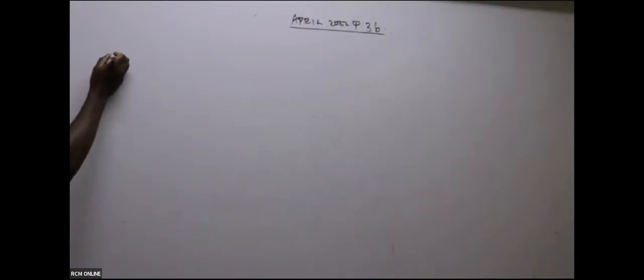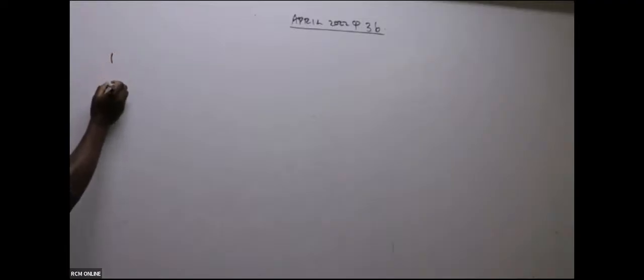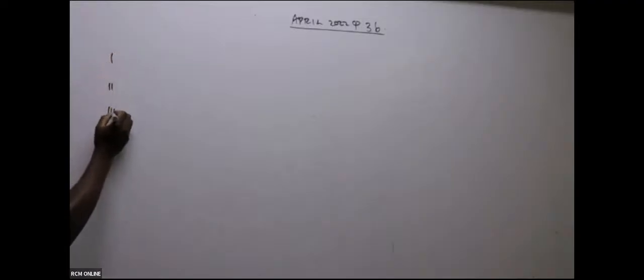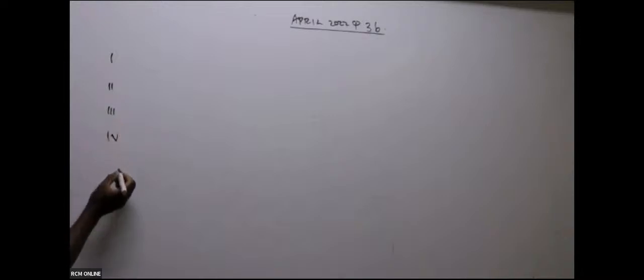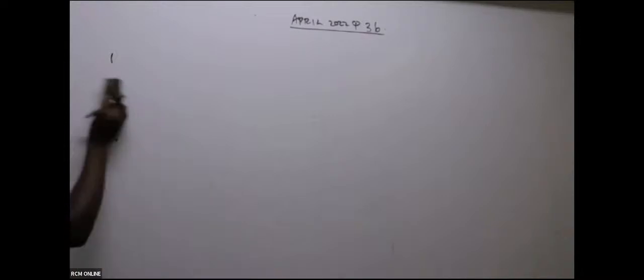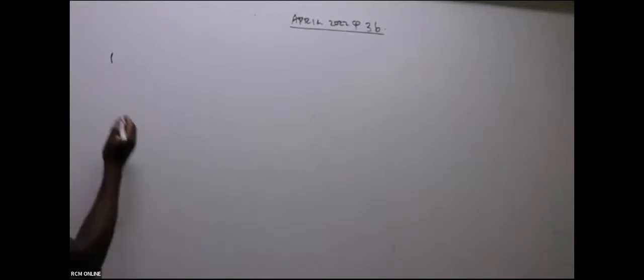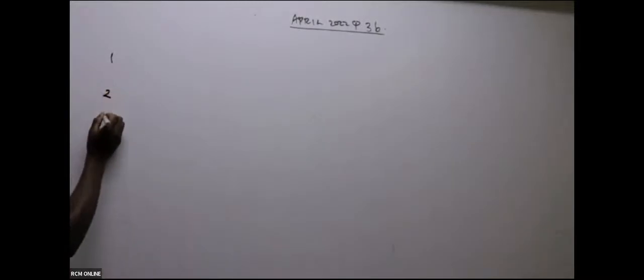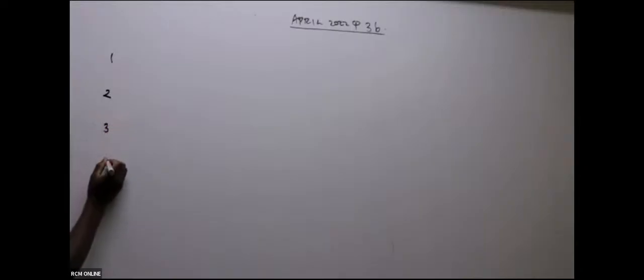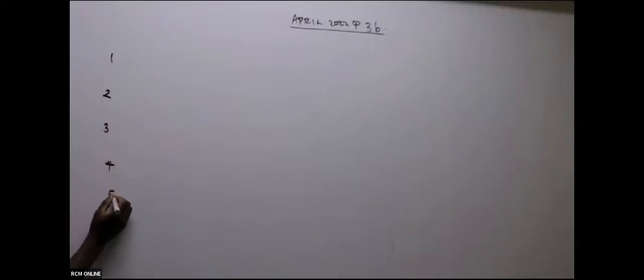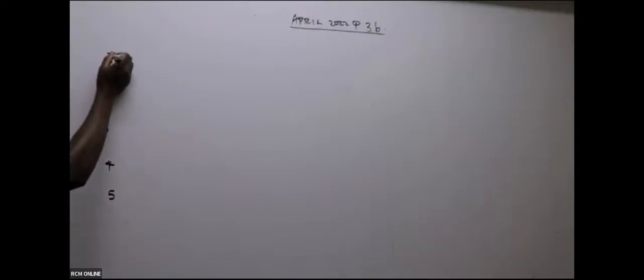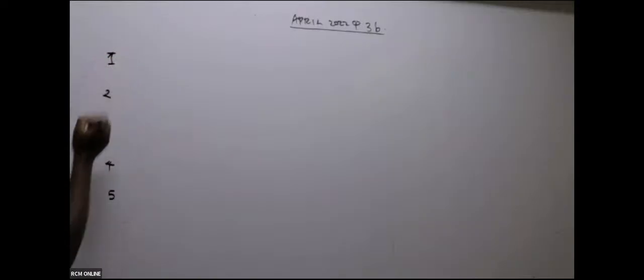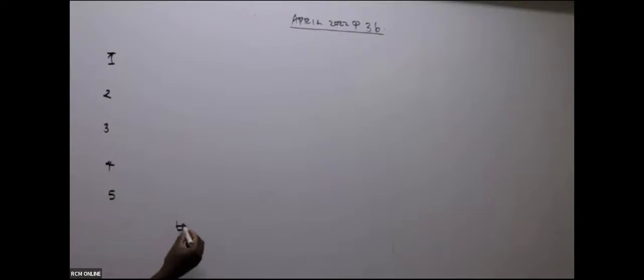We have range 1, range 2, range 3, range 4, range 5. Good. So once you have the range, we are supposed to get what we call economic order quantity. So how do we get economic order quantity?